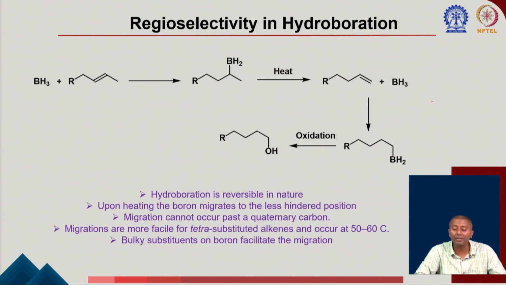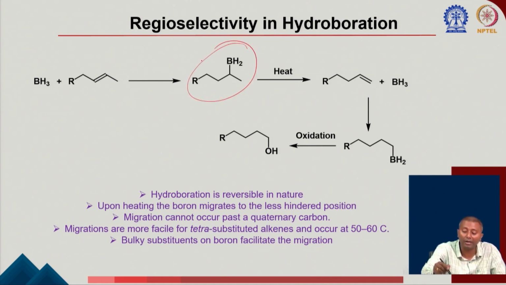Okay, and then the other thing that happens. Sometimes you find, and we are going to talk about this scenario also, that in the presence of heat, after the first hydroboration, this can rearrange, go for an elimination, and again hydroboration, till it goes to the terminal position.